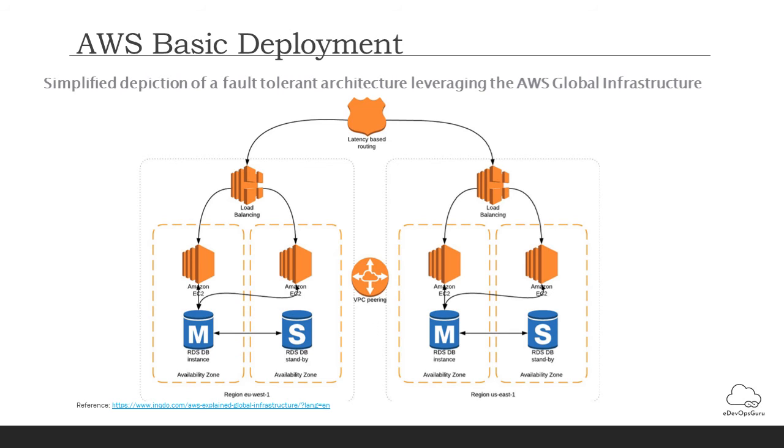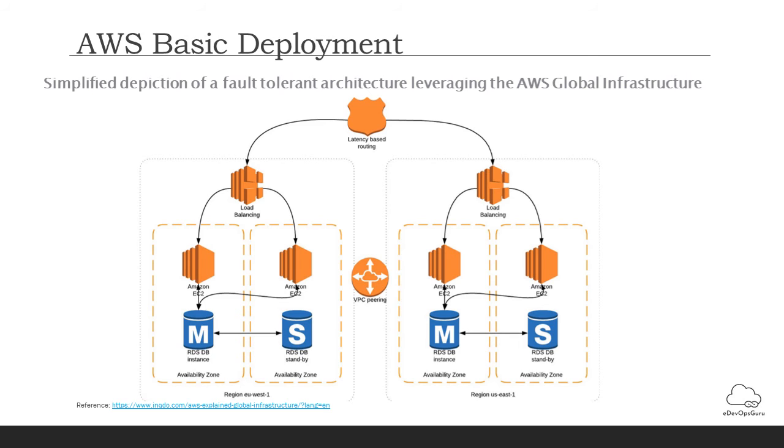In this case, if one of the regions goes down, then the whole traffic is routed to the other region by the router. Similarly, if one of the availability zones goes down, then the whole traffic is taken care of by the load balancer, and traffic is routed to the availability zone which is up.